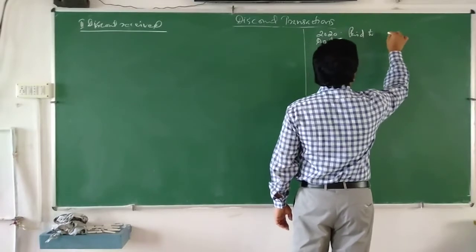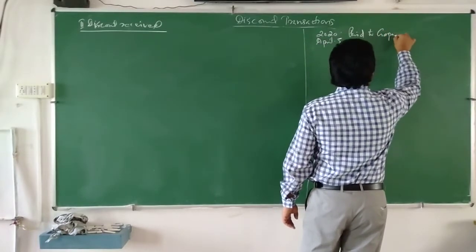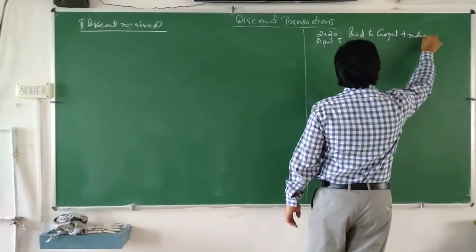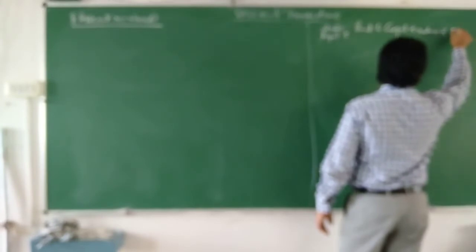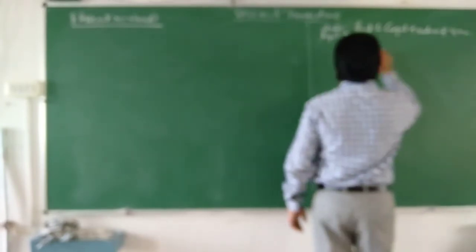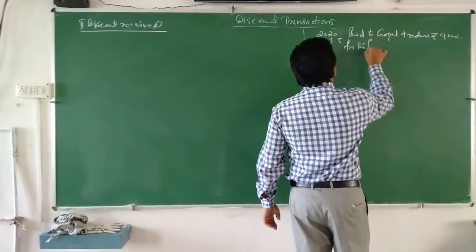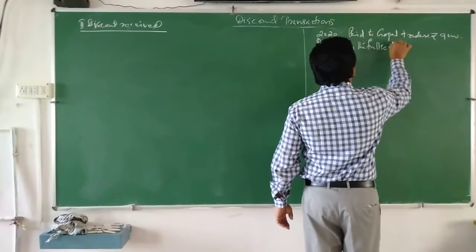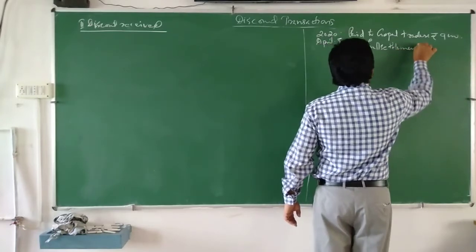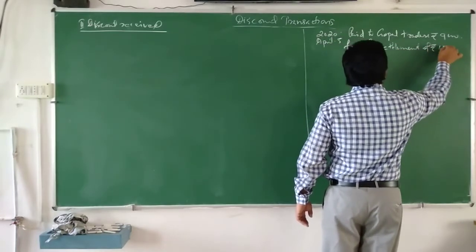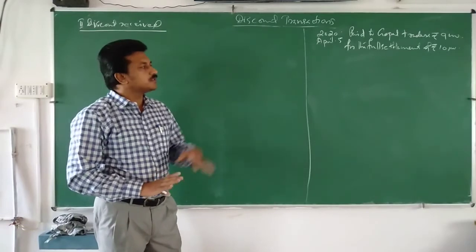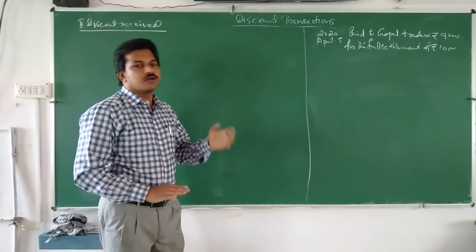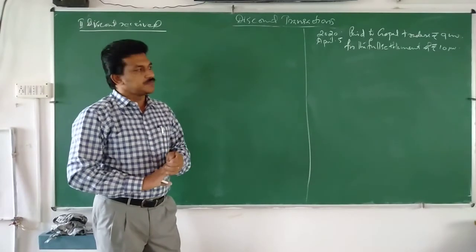Paid to Gopal Traders rupees 9,000 for the full settlement of rupees 10,000. See, here the word discount is not given anywhere, but we can understand that it is a discount transaction. Means discount is there.